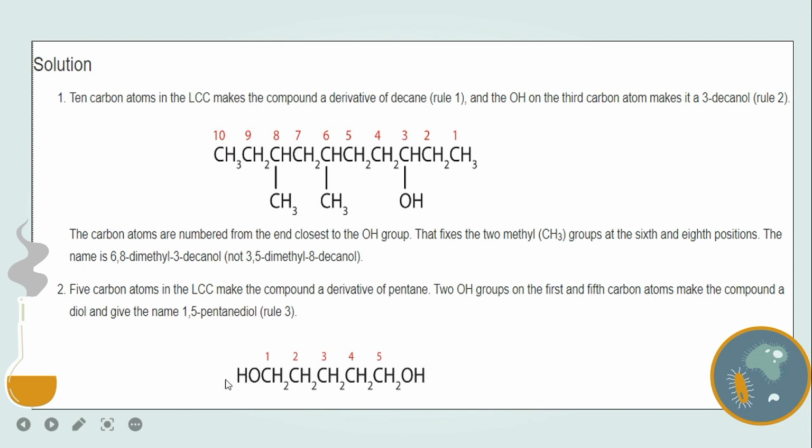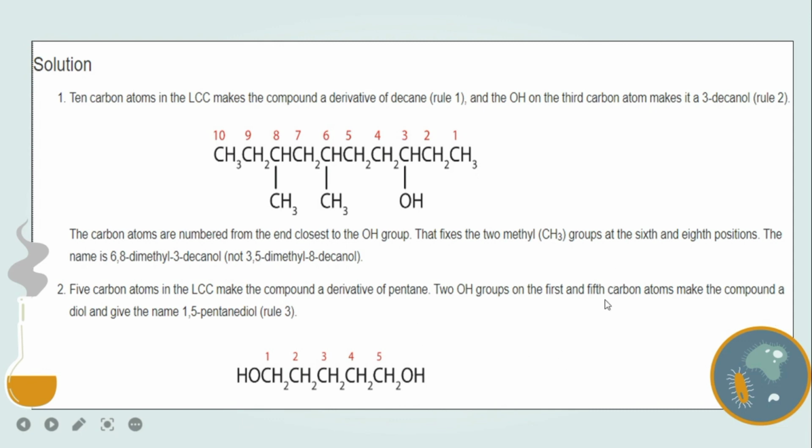Here we have two hydroxyl groups. We find the first hydroxyl group attached to the first carbon, and the second hydroxyl group is attached to the fifth carbon atom.